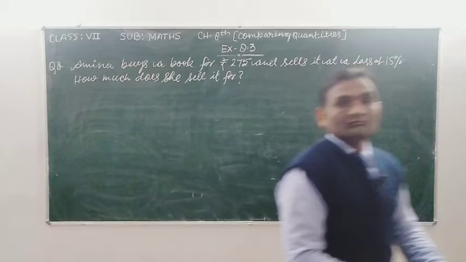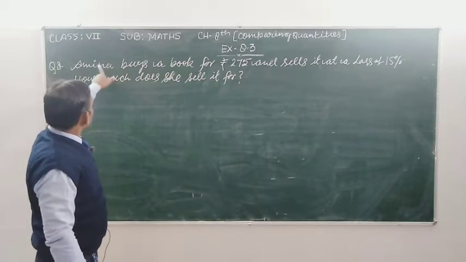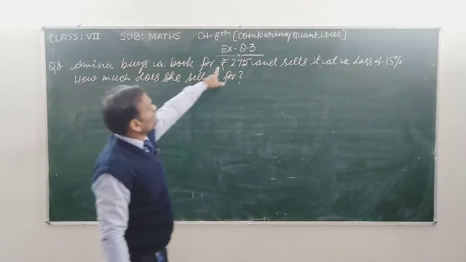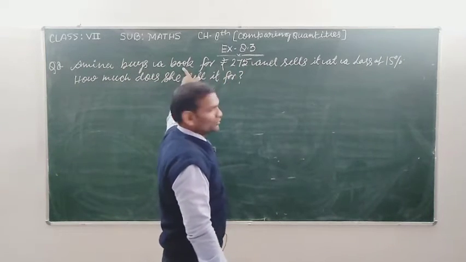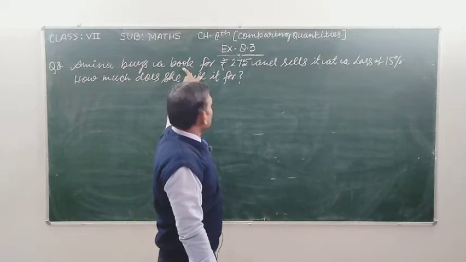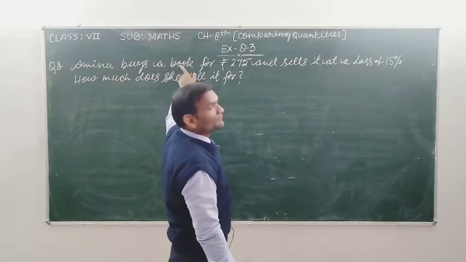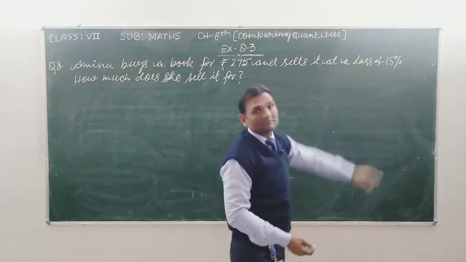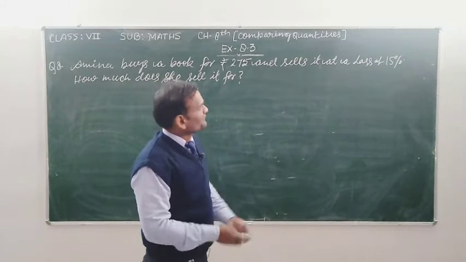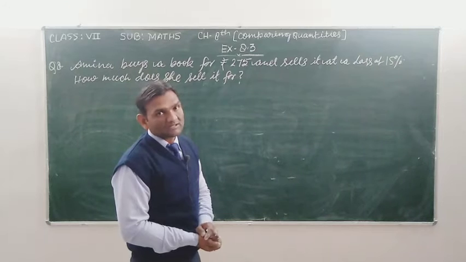So firstly we have to understand the meaning of the question. Amina buys a book for rupees 275. This is the CP of the book. At this amount, Amina is buying the book and sells it at a loss of 15%. और इसको सेल कैसे किया? 15% के लॉस पे सेल कर दिया.